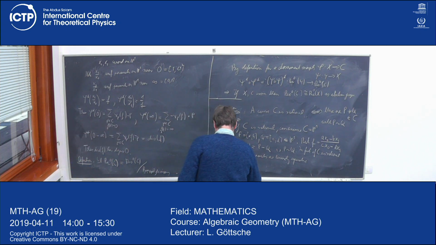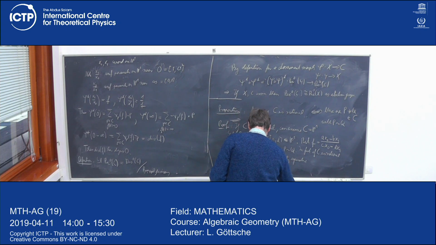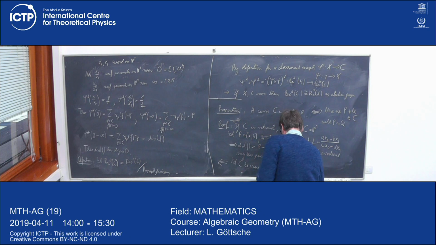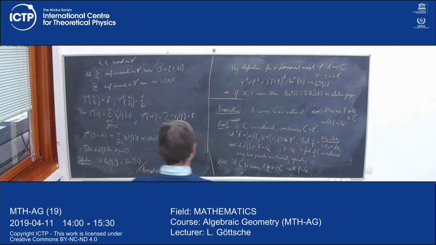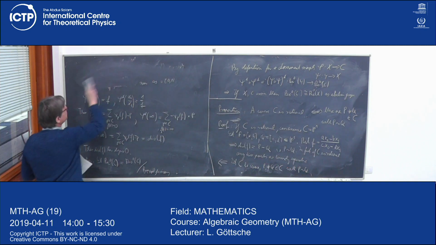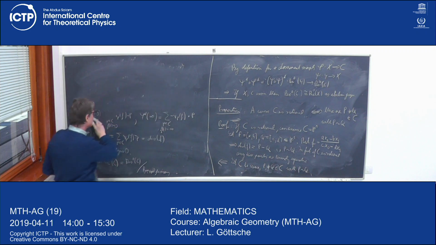So now let C be a curve, and P and Q elements in C, such that P is different from Q, obviously, otherwise it's trivial, with P linearly equivalent to Q. We want to see that this implies that the curve is isomorphic to P1.